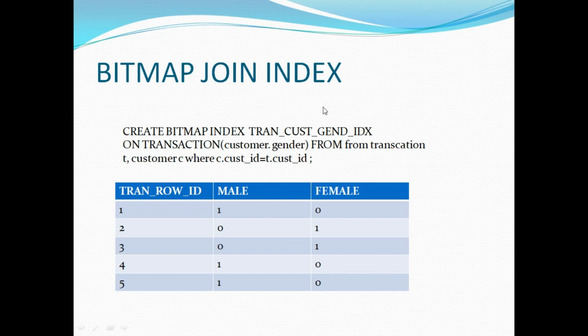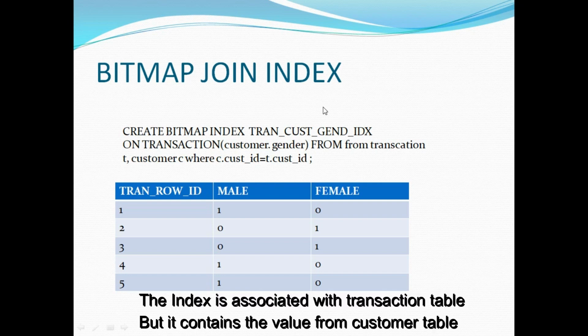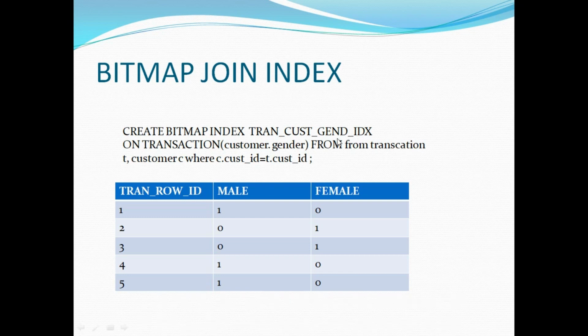In layman's terms, it's like adding an additional column to the transaction table virtually. Here we have the equi-join. Customer ID is the primary key of the dimension table customer, and it is joined with the foreign key customer ID in the transaction table to retrieve the value.